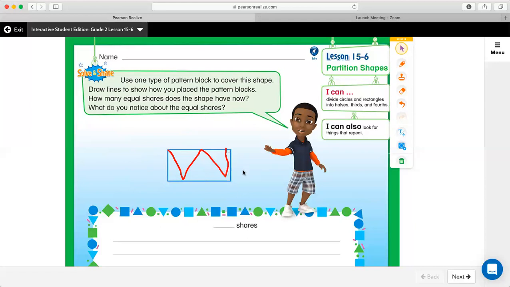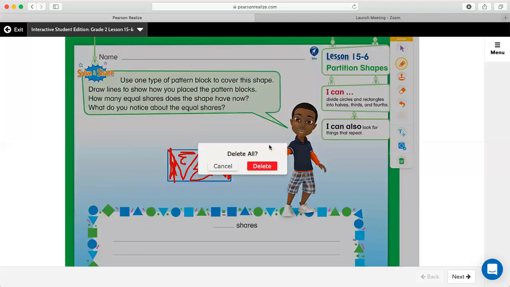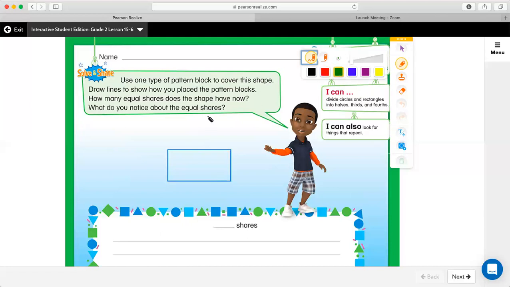If this were a pan of brownies and I cut these and brought them to my friends, and I gave one of my friends this piece, and one of my friends this piece, and one of my friends this piece, and one of my friends got this piece, do you think that they would all be happy with me? Probably not, right? Because they're not equal. So today what we're going to work on is dividing our shapes into equal amounts so that if we were to share, everyone would get the same amount.